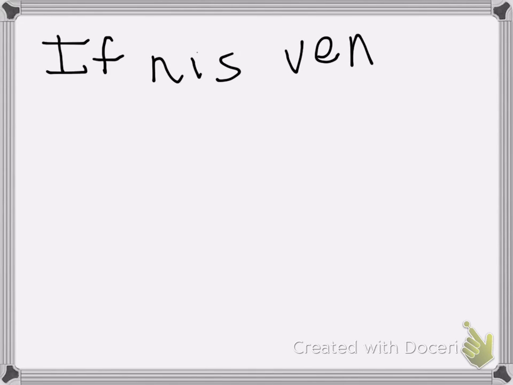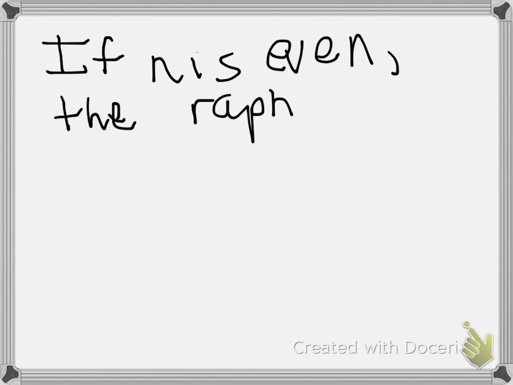All right, so now what I need you to remember, this is really, really important. In your polynomial, if n, and we're going to call that your exponent, so if n is even, then the graph of y equals x to the n.